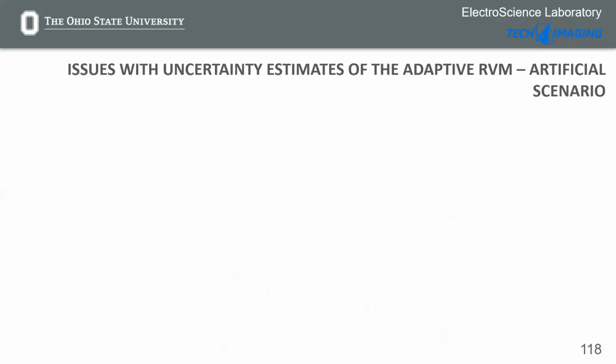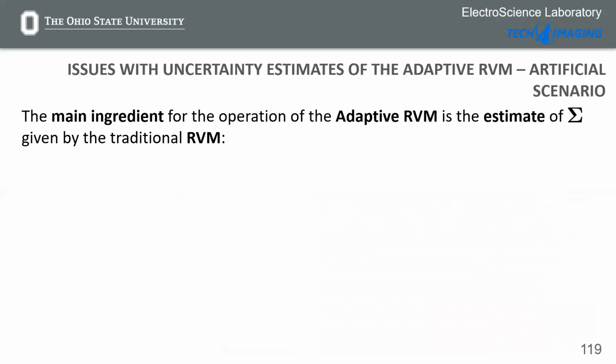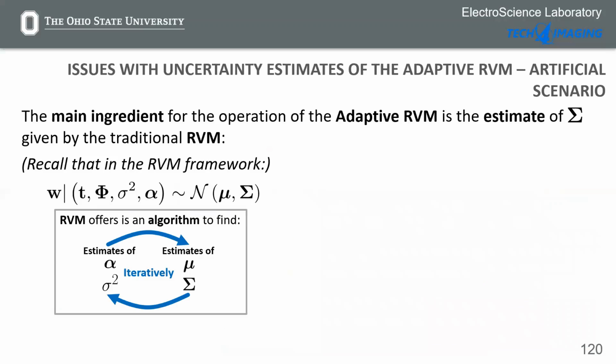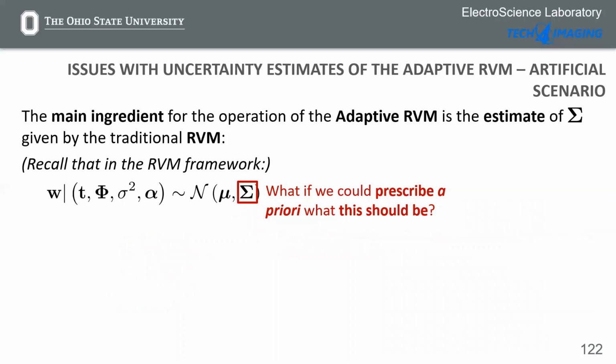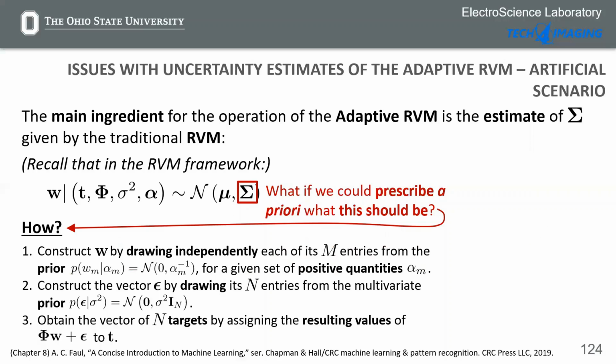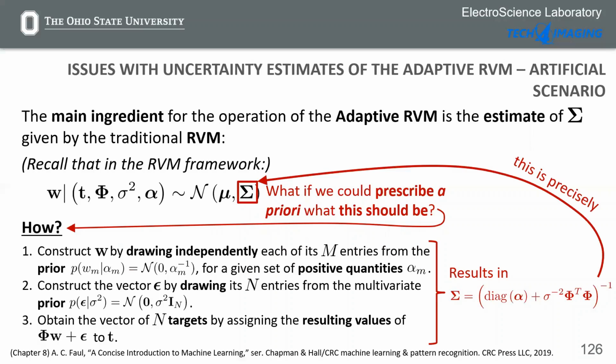And lastly, we have an artificial scenario where we are going to prescribe what the sigma covariance matrix should be a priori, and later we obtain the estimate provided by RVM, and then we compare the two to see how accurate the estimate is. To prescribe what sigma should be, we follow this procedure, and then we obtain exactly the structure on which the RVM algorithm is based.